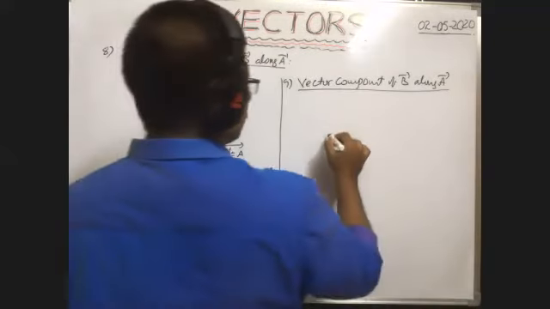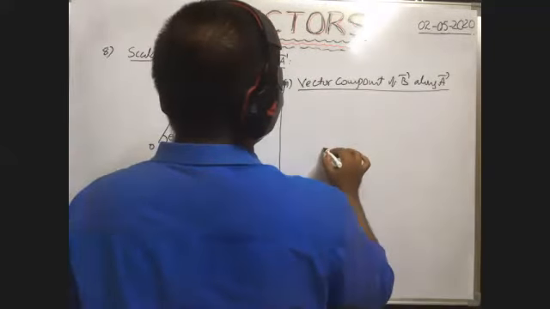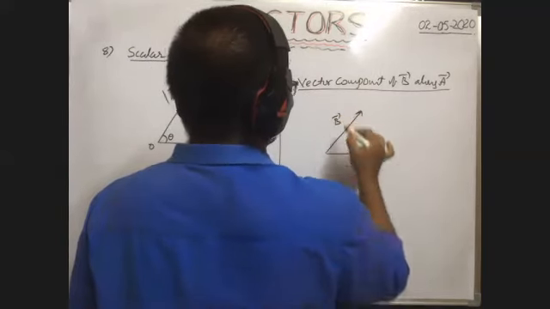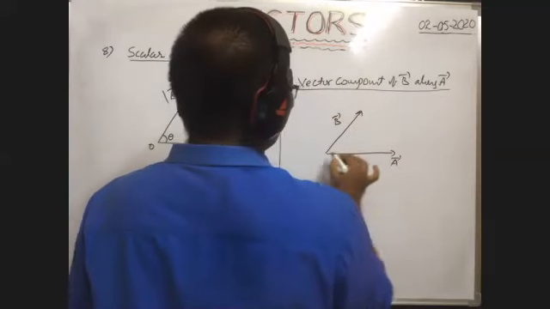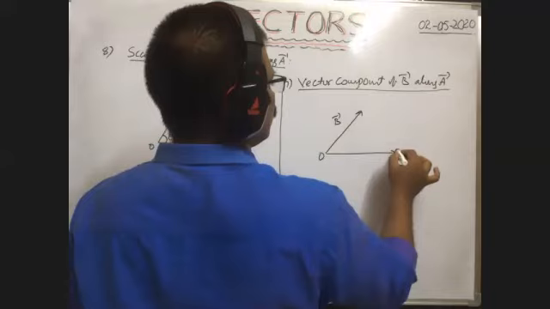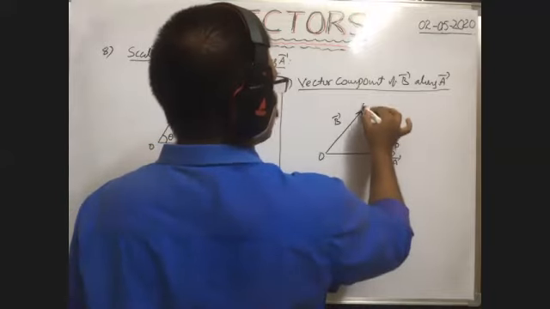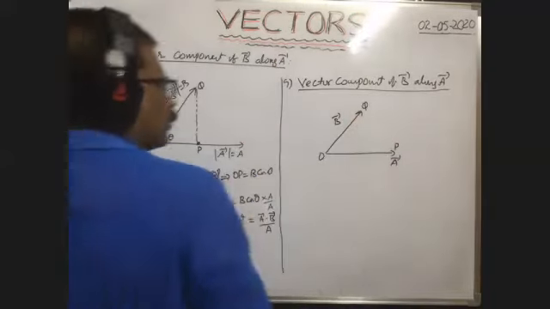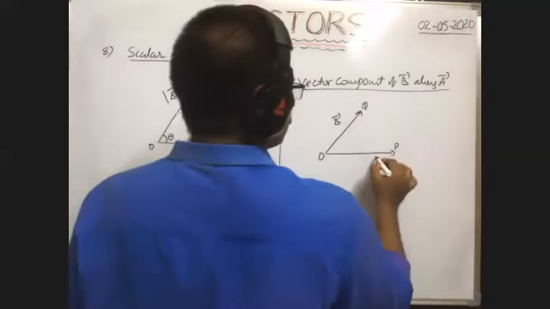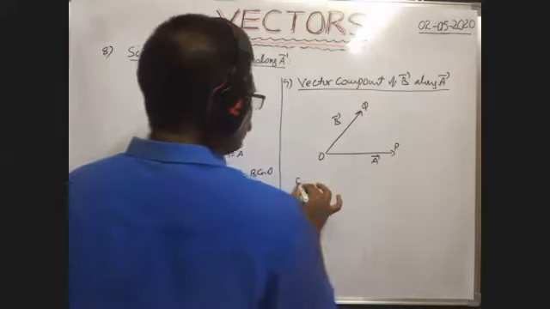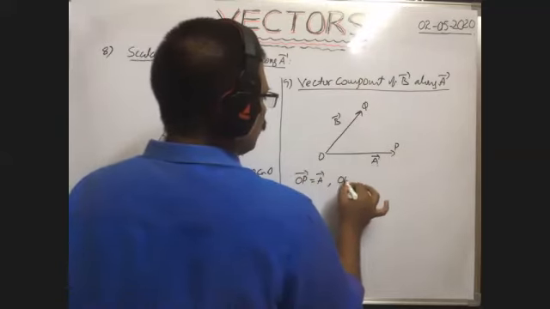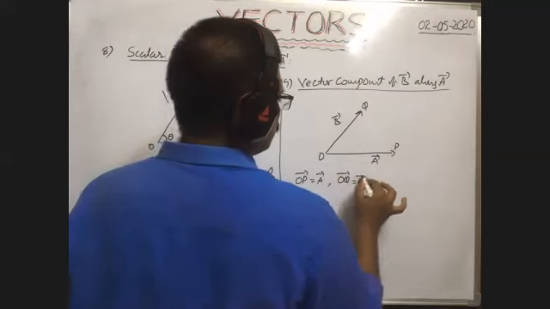Same diagram. It is a bar, it is b bar, and it is O. Now this point is say P, and this point is say Q. OP bar is equal to a bar in the diagram, and OQ bar is equal to b bar.